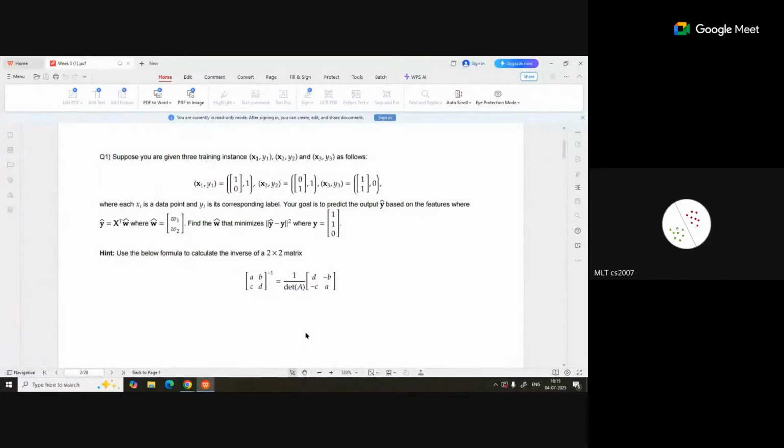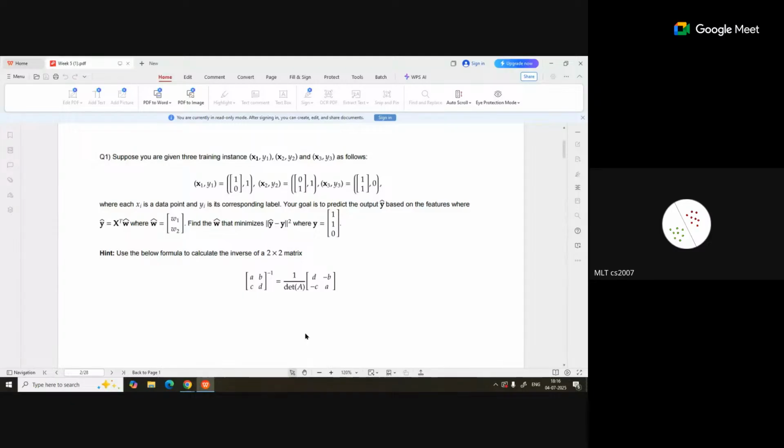We have seen by using the probabilistic approach as well that when we say we are using the least square approach for linear regression, we are assuming the labels are generated with noise which is normally distributed, a Gaussian distribution.